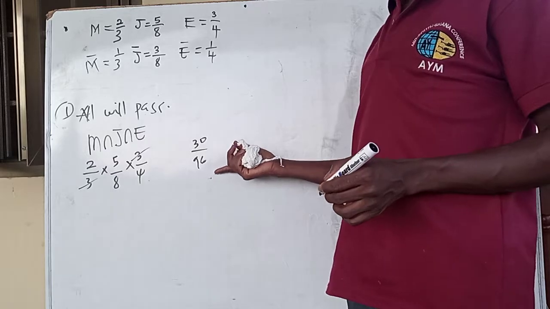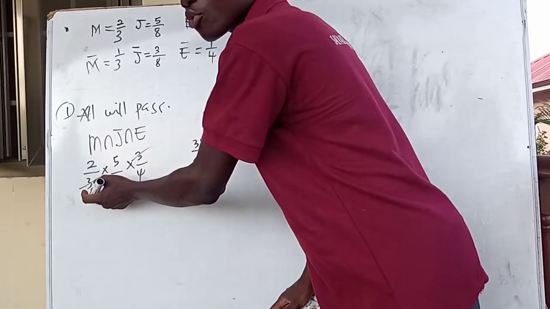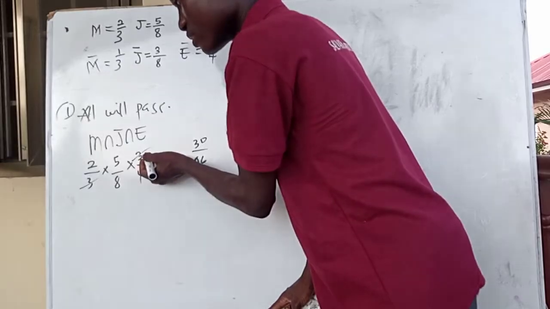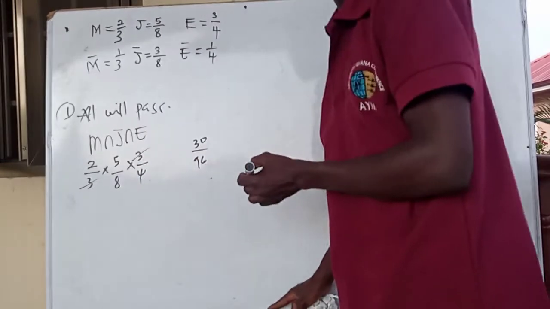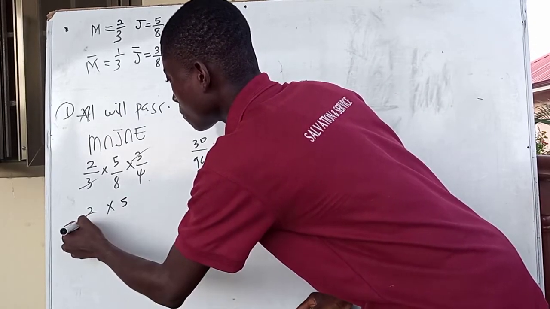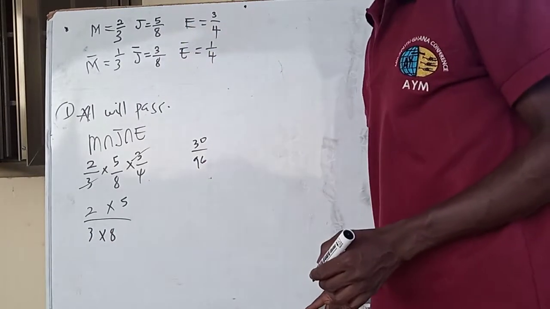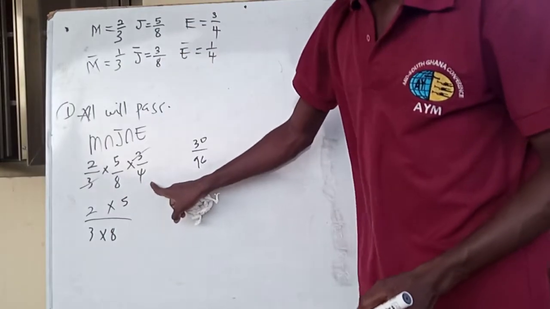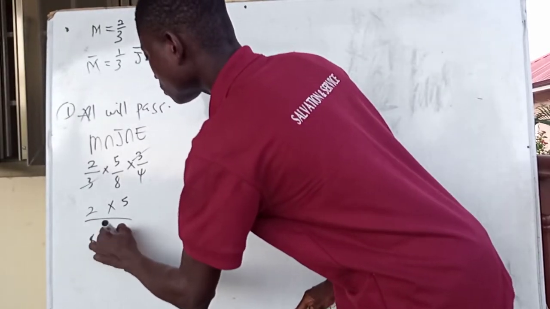Or if you get something that is common here, you see 3 can divide 3. So you are going to get 2 times 5 over 8 times 4.